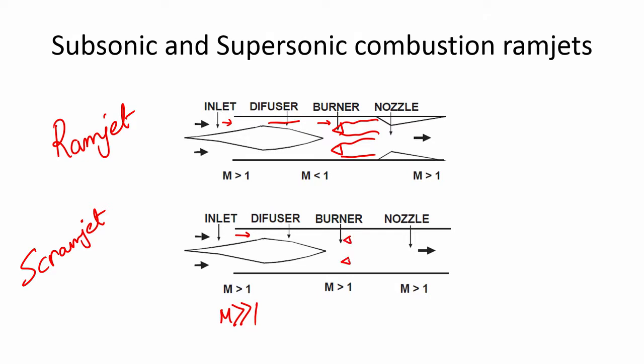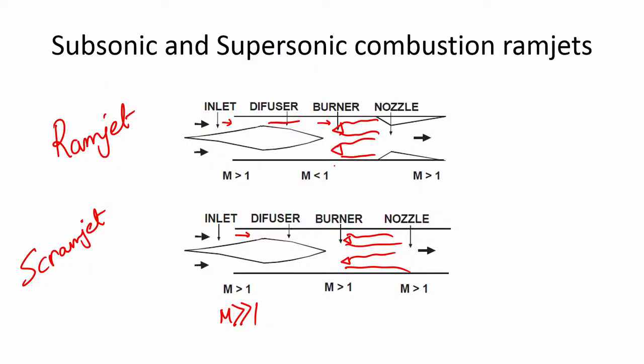By the time it enters the burner, it still remains supersonic because there is no normal shock formed, and the scramjet is designed in such a manner that the flow remains supersonic when it enters the combustor. Here also you can have different modes of flame stabilization, and then it passes through the nozzle where the flow is further expanded, the Mach number becomes larger, and it can be exhausted to generate the required thrust.